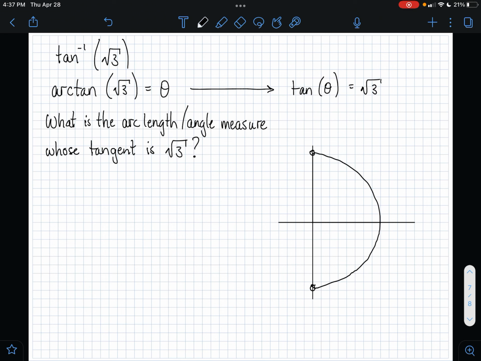But still, we can use our knowledge of the unit circle here. The angle whose tangent is square root of 3 is the angle pi over 3. Therefore, the arctangent of the square root of 3 is equal to the angle measure pi over 3.